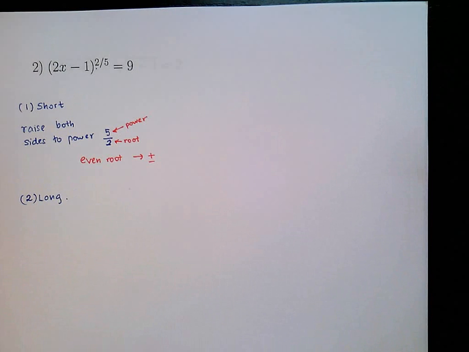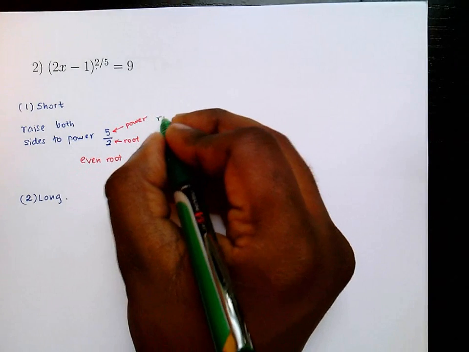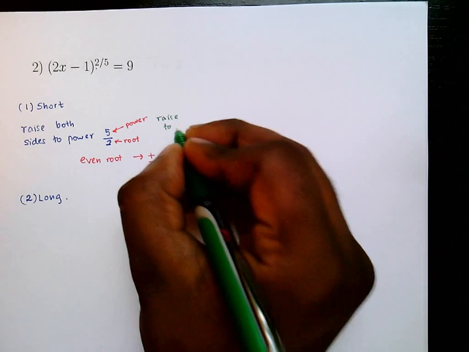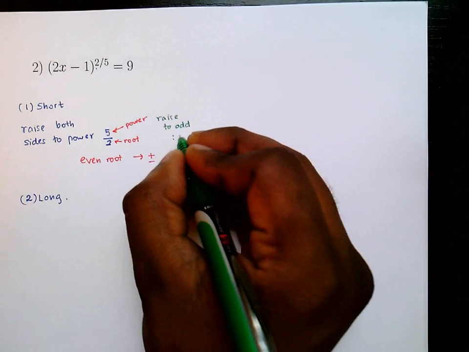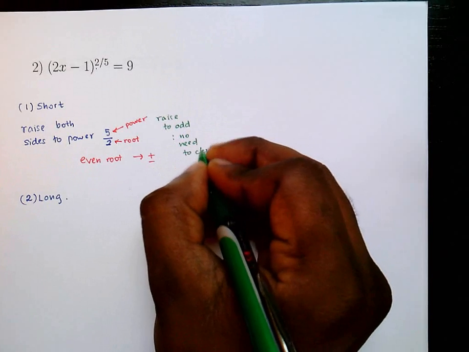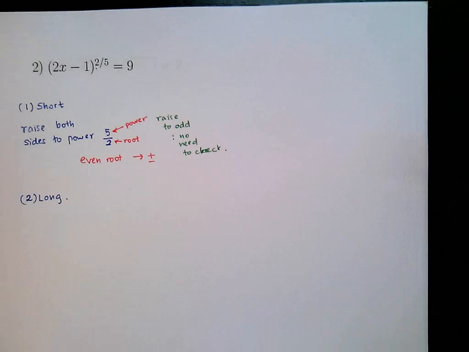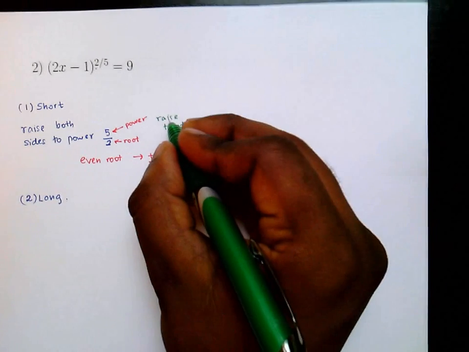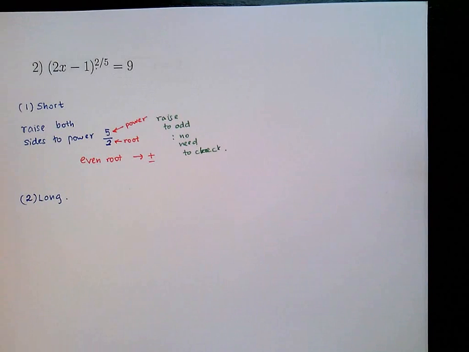And because you raise to an odd power, you don't need to check the final answer. So both of these things apply. So you look at the question and understand what you're going to do, and then it should be fairly easier after that step.